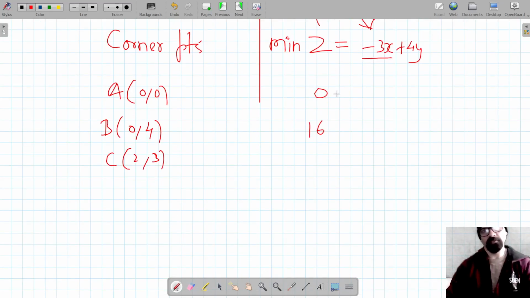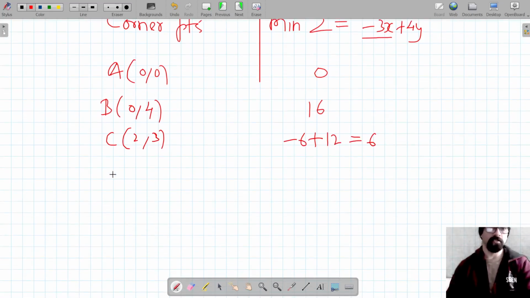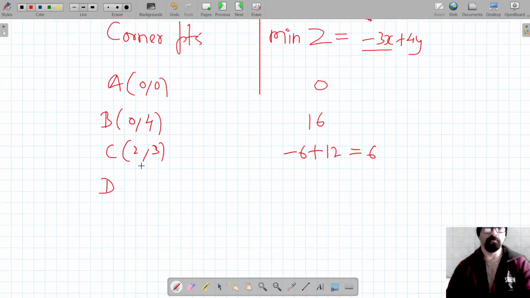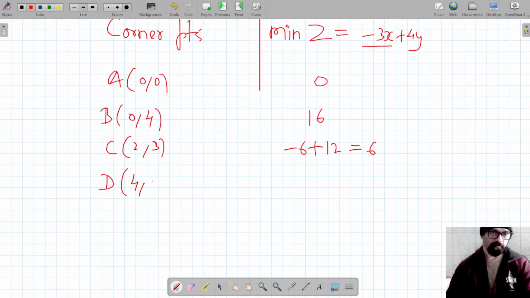So let this be C, 2 comma 3, and the value for this is minus 3 into 2, which is negative 6, plus 4 into 3, which is 12, which is equal to 6. And the next one is D, which is 4 comma 0. So minus 3 into 4 is negative 12 plus 0, which is equal to negative 12.